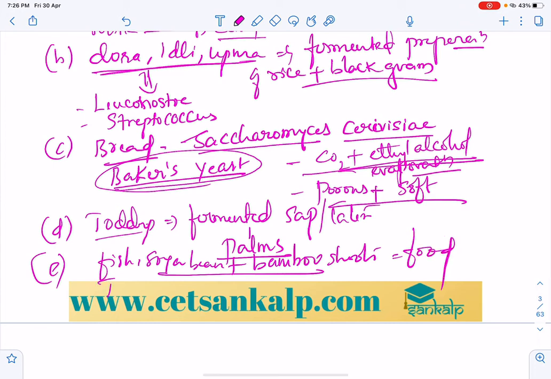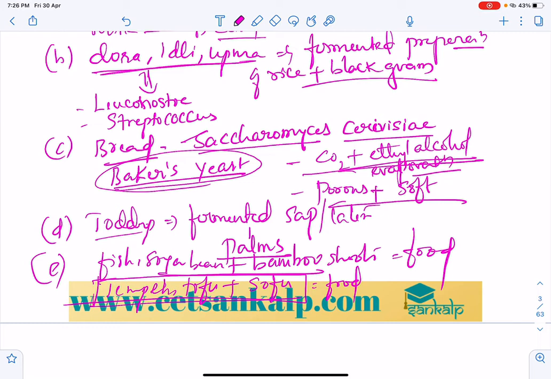So bamboo shoots and fish were eaten after fermentation. And a very important thing: tempeh, tofu and sufu are different types of food.